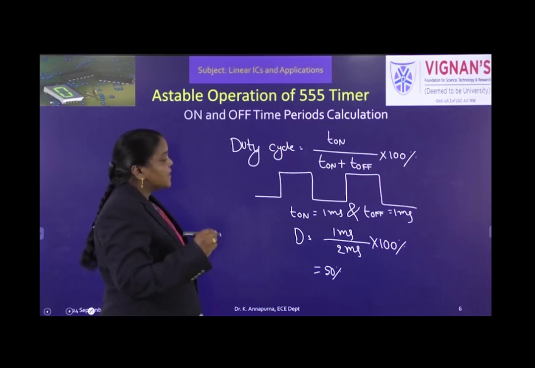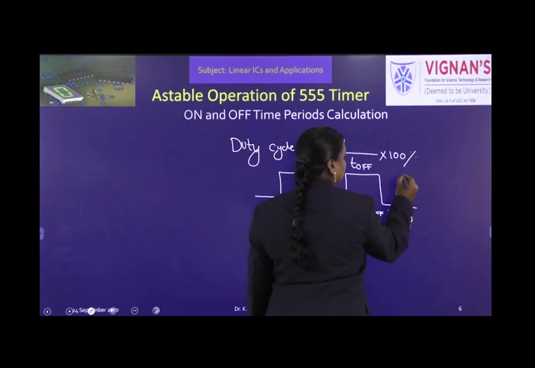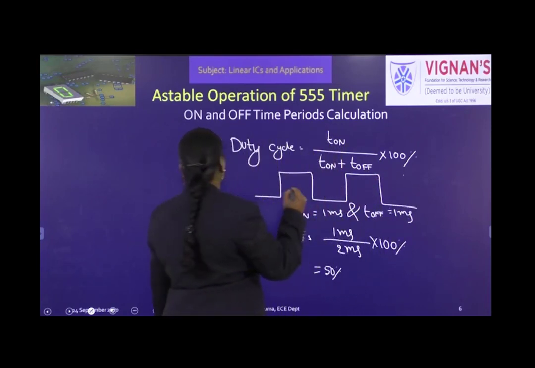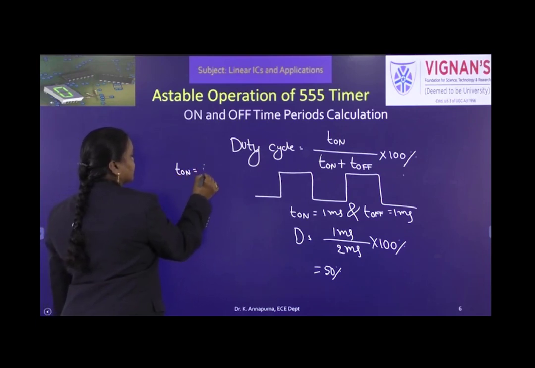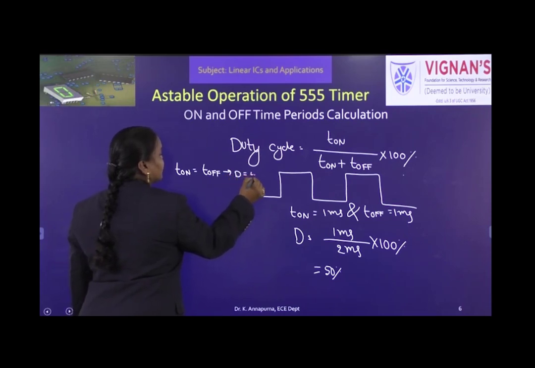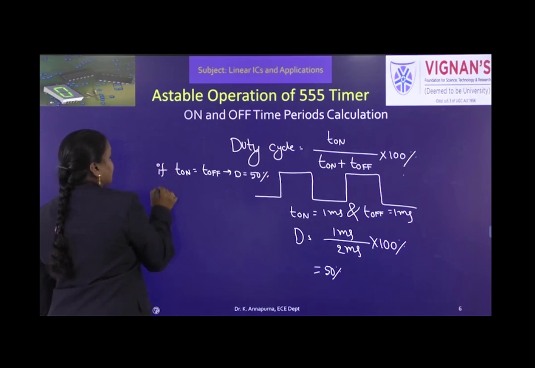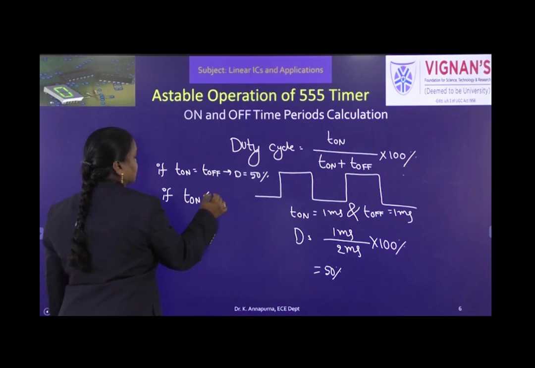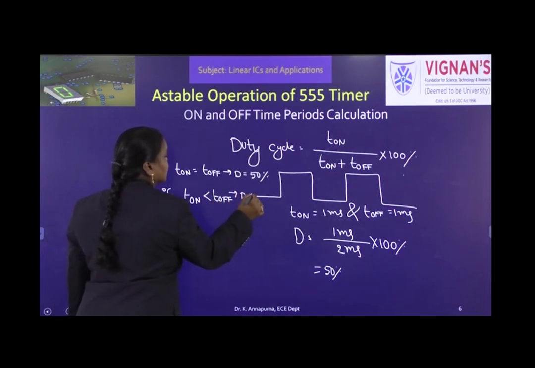Similarly, if the on period is less compared to the off period, so here we can conclude: if T on is equal to T off, duty cycle is 50%. If T on is less than T off, then duty cycle is also less than 50%.